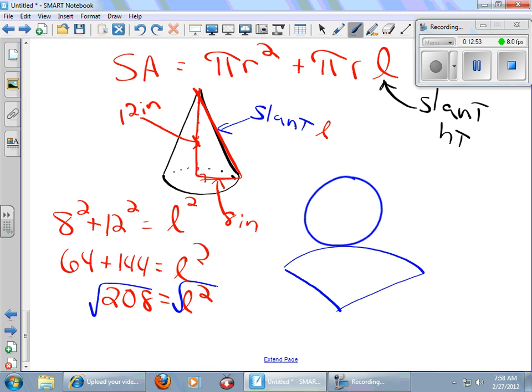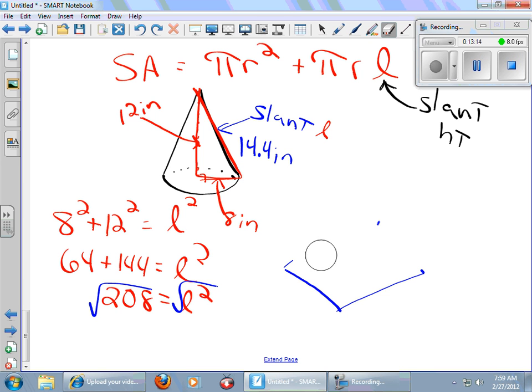Give me 1 second to do that. And it looks like the slant height ends up being 14.4 inches. And that's rounded to the nearest tenth again. It doesn't come out perfect.